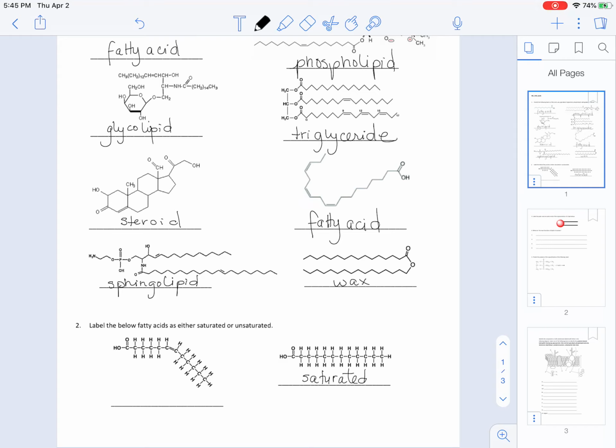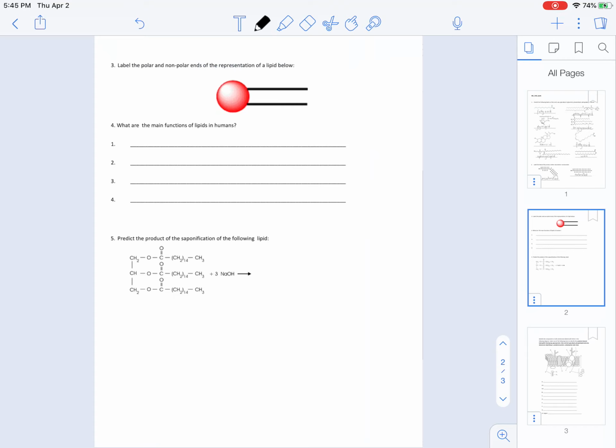An unsaturated fatty acid is going to have one or more alkene motifs. So that's why the molecule on the left is an unsaturated fatty acid. Let's move on to part 3.